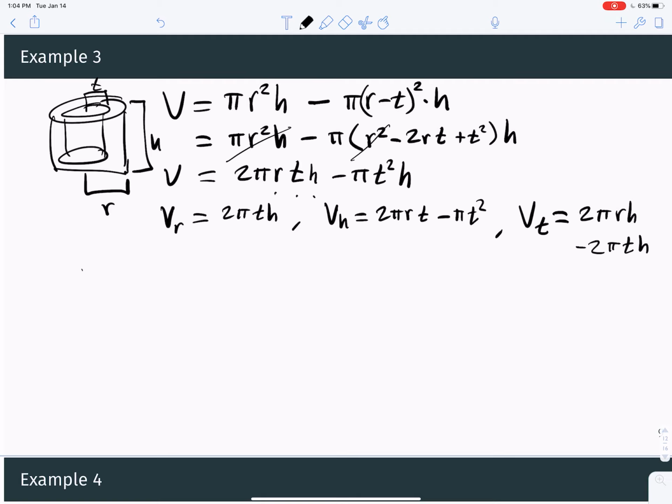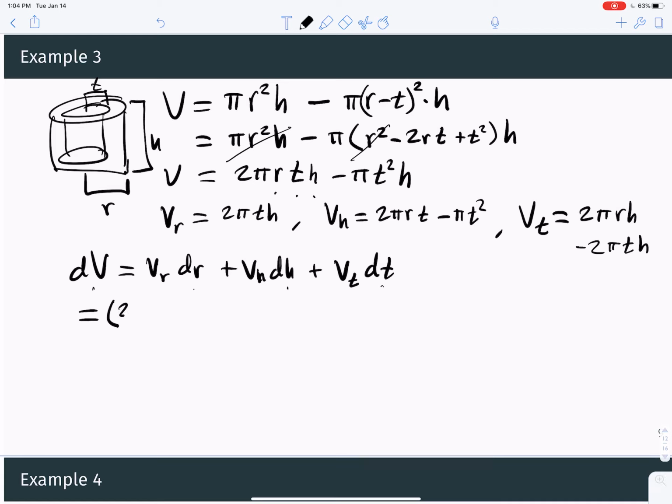And then I can construct my differentials. The dV should be Vr dr plus Vh dh plus Vt dt. So if a little bit of r changes and a little bit of h changes and a little bit of t changes, that's going to make a little bit of a change in V. And I can even write that down as a nice formula. So let's try it.